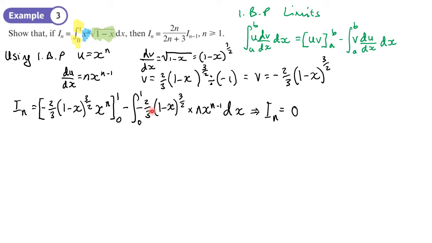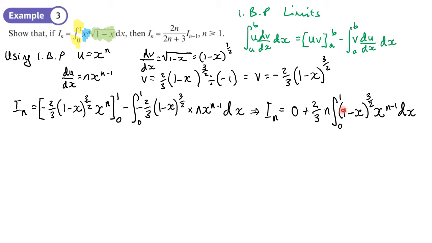Then what we'll do over here is we'll bring the constants over. So that will be plus 2/3 n, n is also a constant, and then (1 minus x) to the power 3 over 2, and that's going to get times by x to the power n minus 1. And we'll just put these limits here as well.